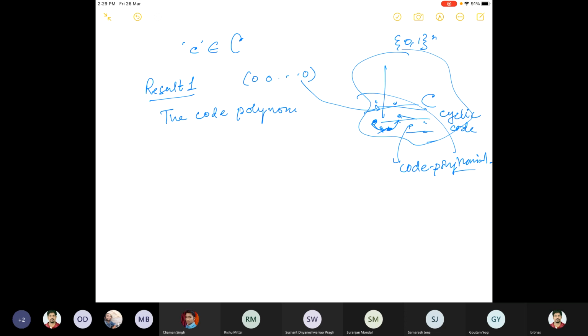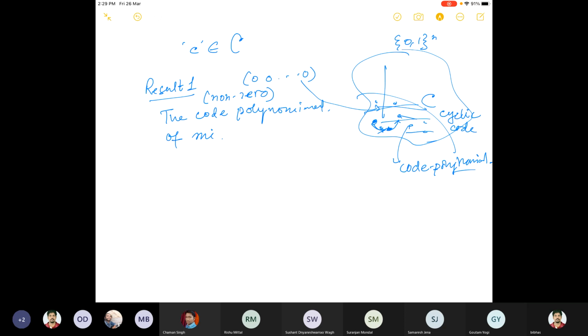And then we are talking about what is the possible minimum degree. So the non-zero code polynomial of minimum degree, I mean, there must be a polynomial which will have minimum degree among all the code polynomials, and there may be multiple such polynomials.